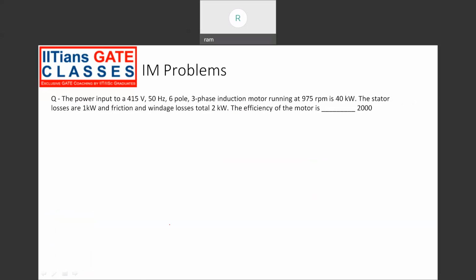The power input to a 415 volt 50 Hz 6 pole three-phase induction motor running at 975 RPM is 40 kilowatt. The stator losses are 1 kilowatt and friction and windage losses are 2 kilowatt. They're asking us to find out the efficiency of the motor.